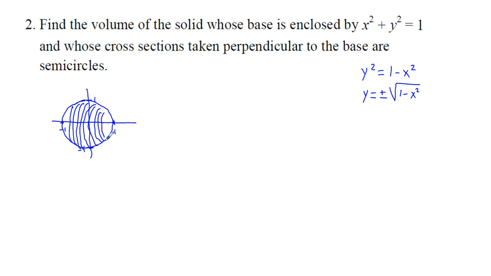So you have a three-dimensional shape that's going to be like a hemisphere that's going to be flat on bottom. And now to integrate that, the area of a circle is going to be pi r squared.